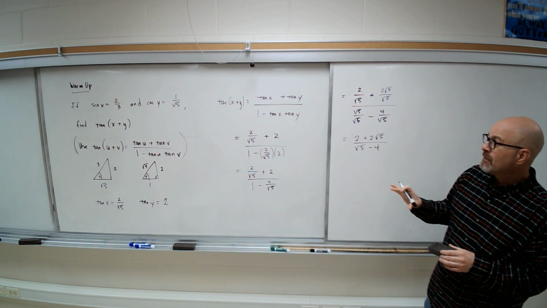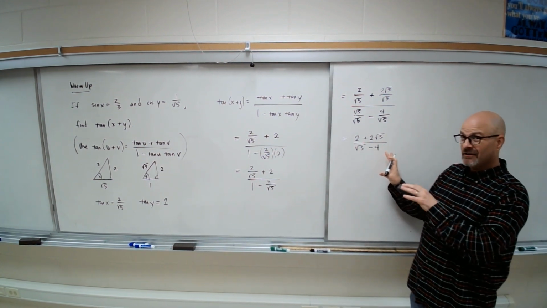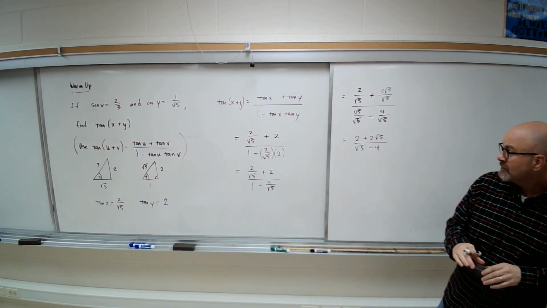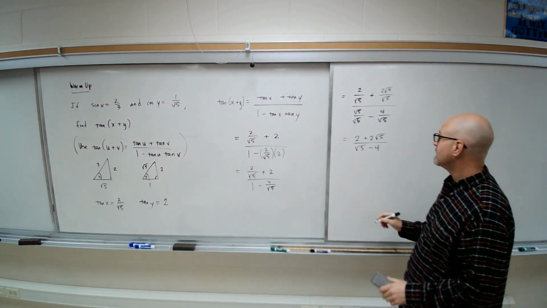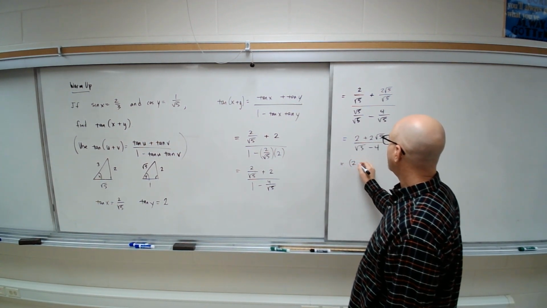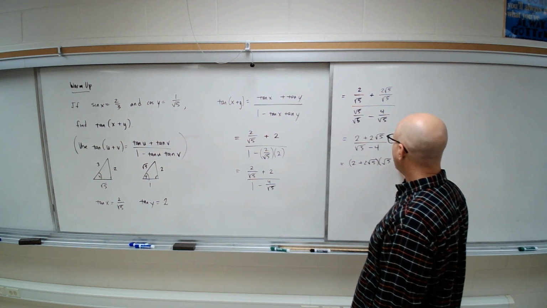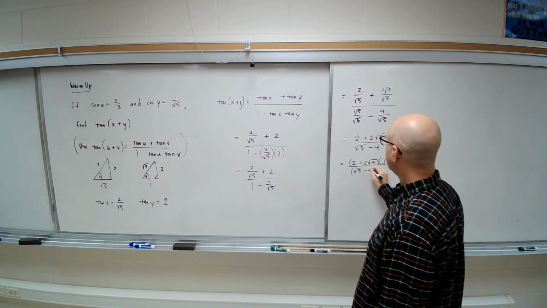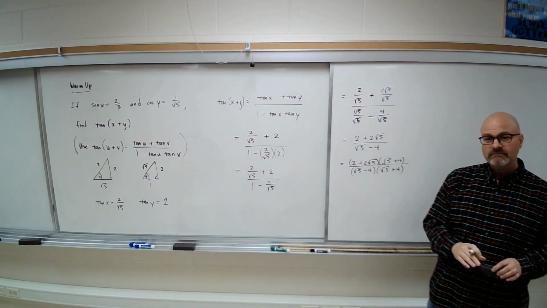But if I were doing this on a test or quiz, I would make sure to get this step clearly written in case the next step doesn't go well. Because we're going to have to rationalize this, and that's where we're going to use the conjugate. So we're going to write the numerator times the conjugate of the denominator, and then the denominator times its conjugate.